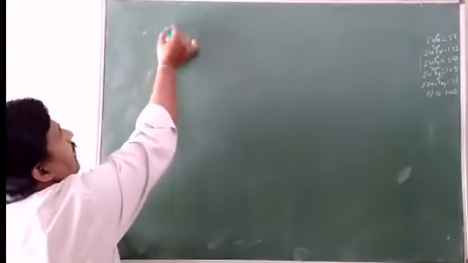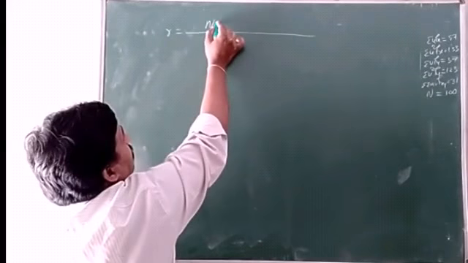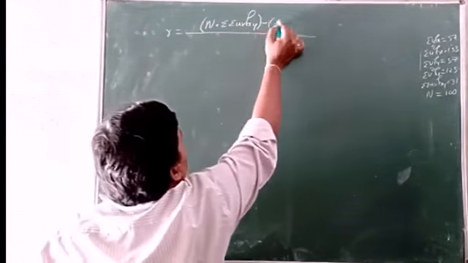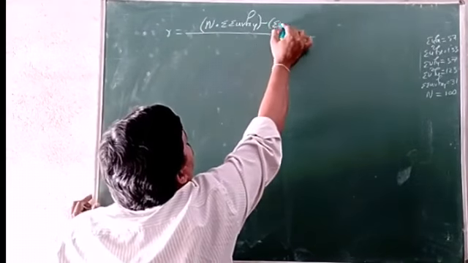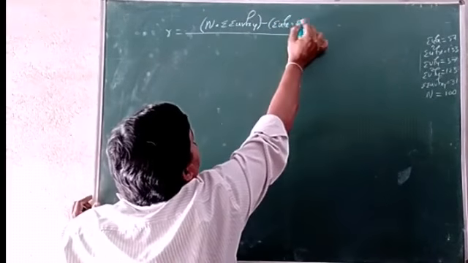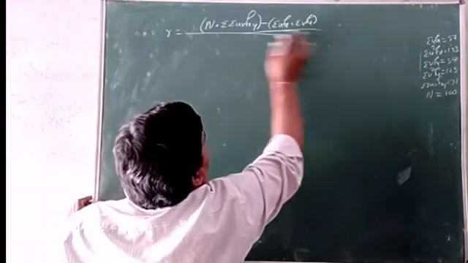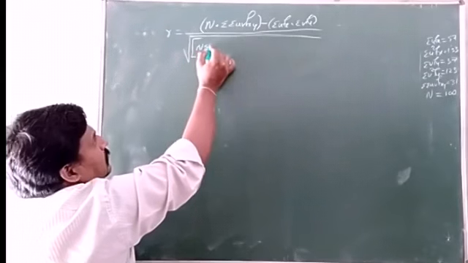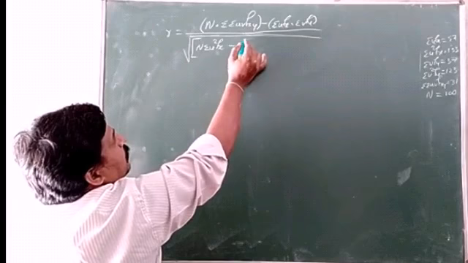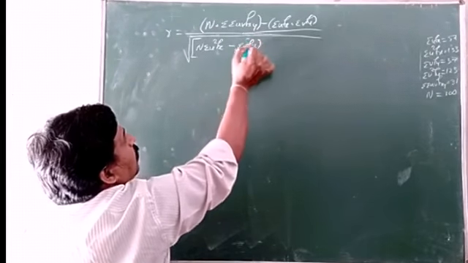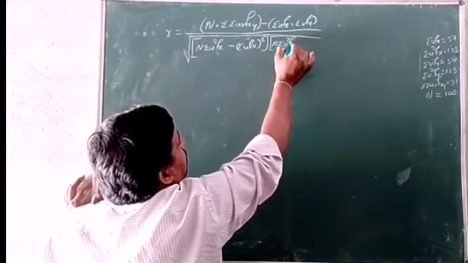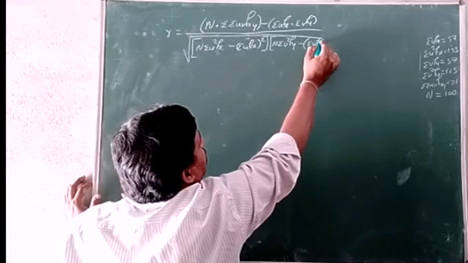The formula to calculate correlation for bivariate frequency distribution, that is r is equal to N into summation of summation uv fxy minus summation ufx into summation vfy, whole divided by root of, in the bracket, N summation u square fx minus summation ufx whole square, into bracket N summation v square fy minus summation vfy whole square.